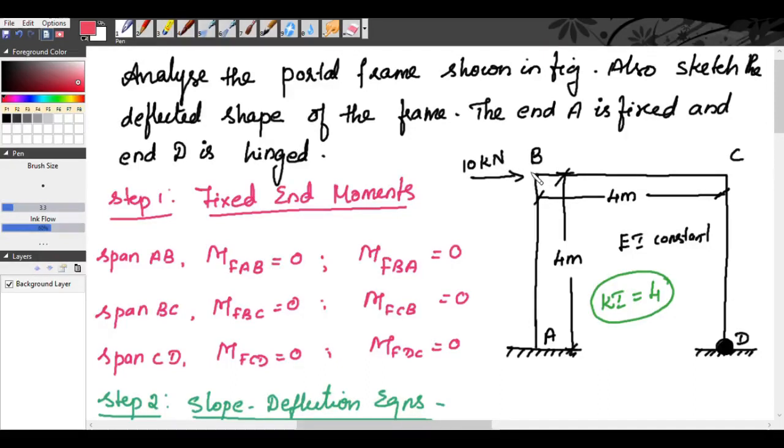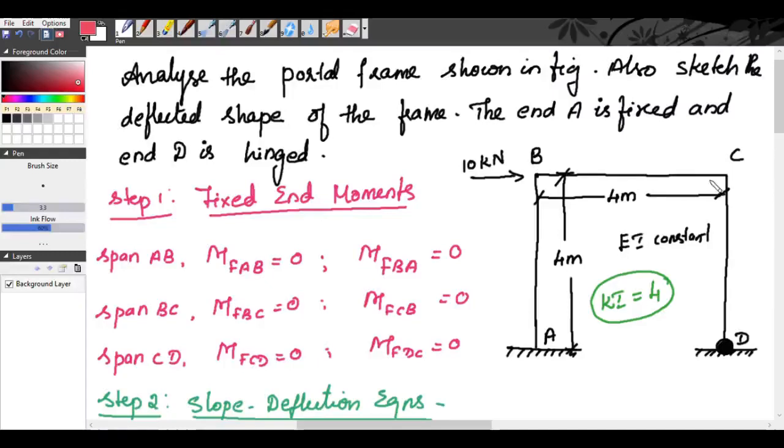The summation of moment at C will be equal to 0. The summation of moment at D will also be equal to 0 because it is a hinged joint. I repeat. The summation of moments at B is equal to 0. The summation of moments at C will be equal to 0 and the summation of moment at D also will be equal to 0. So at B it is MBA plus MBC is equal to 0.